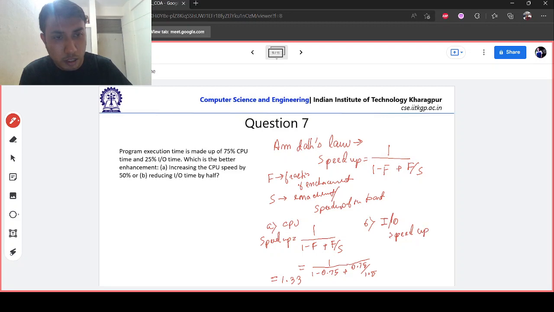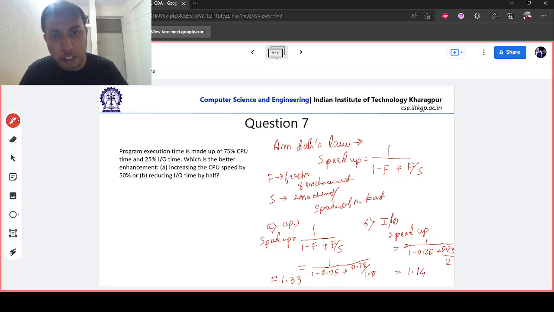Now for the IO part, the speedup using the same formula is 1 minus 0.25 plus 0.25 divided by 2, because the IO time is halved. If you solve this, it comes out to be 1.14.